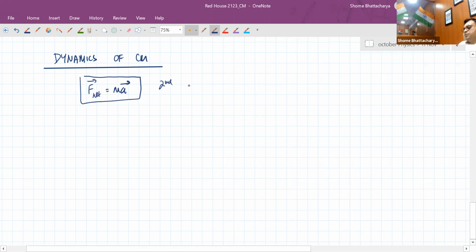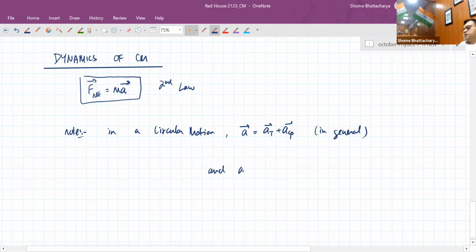But now this is for the specific condition of circular motion. In circular motion, the acceleration vector will be the sum of tangential plus centripetal acceleration in general. Whereas acceleration will be just centripetal acceleration in uniform circular motion, because tangential acceleration is 0.